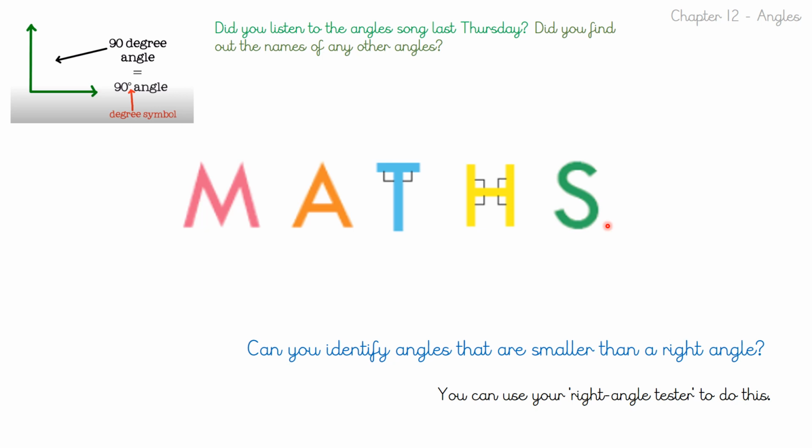Now, I'm going to ask you to mark any angles that you see that are smaller than a right angle. So please remember, a right angle is 90 degrees. And we want now to look for angles that are smaller than a right angle. You can use your right angle tester to help you.